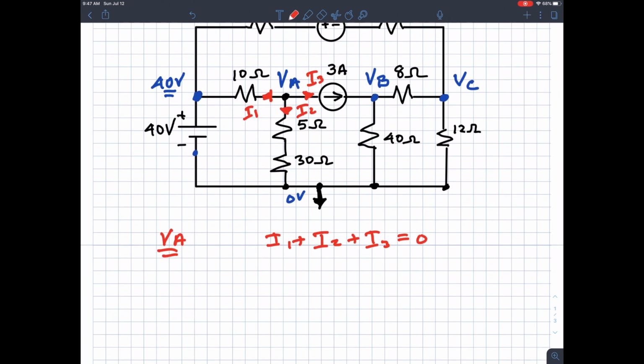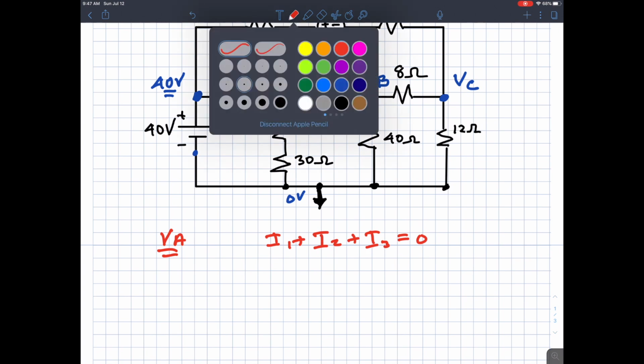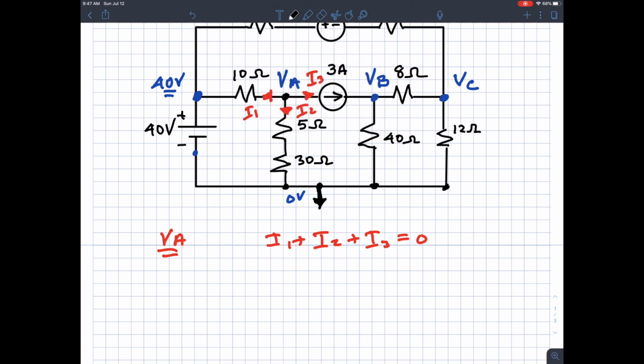Let's look at I2 in particular. This dot I slide up to be 0 volts, and this one I slide down to be VA, but I'm not across any single one of these resistors, so I really can't calculate the current unless I do something.